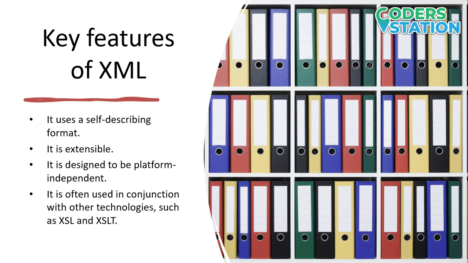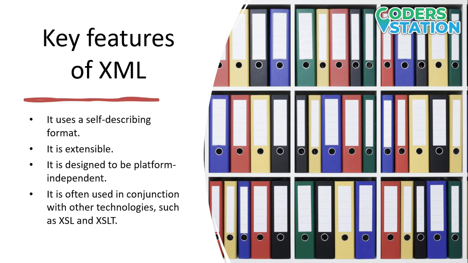Some of the key features of XML include: it uses a self-describing format, which means that the structure of the document is defined using tags and attributes. It is extensible, which means that new tags and attributes can be defined as needed.